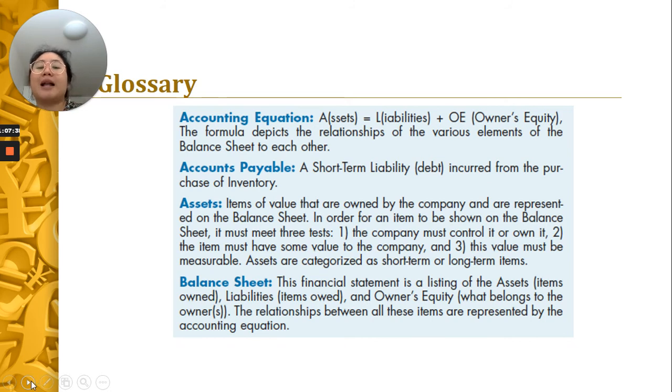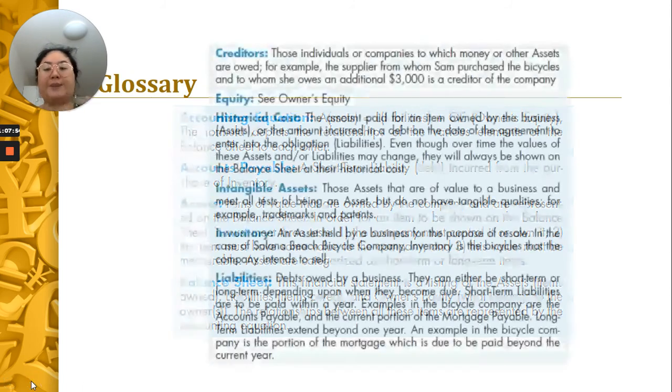The balance sheet is the financial statement that lists the assets, liabilities, and owner equity. The relationship is represented by the accounting equation, A equals L plus OE.